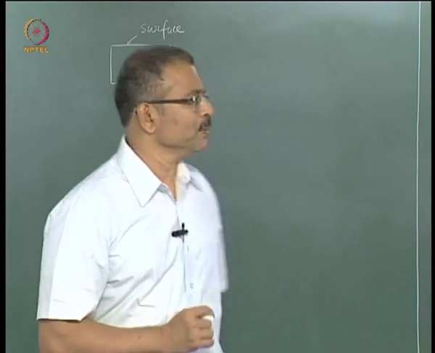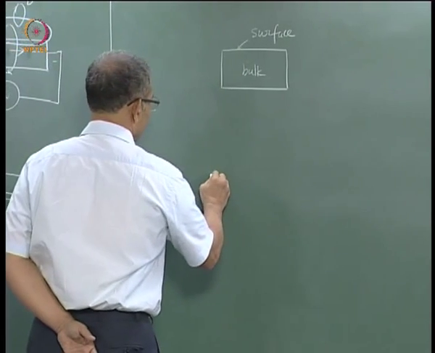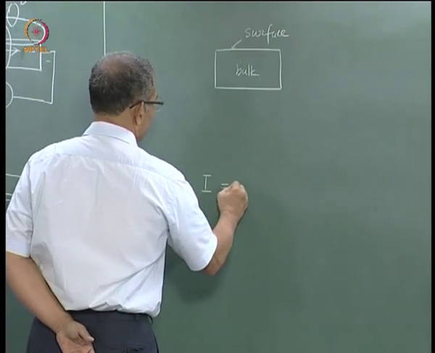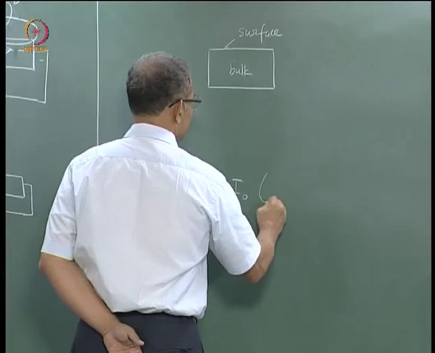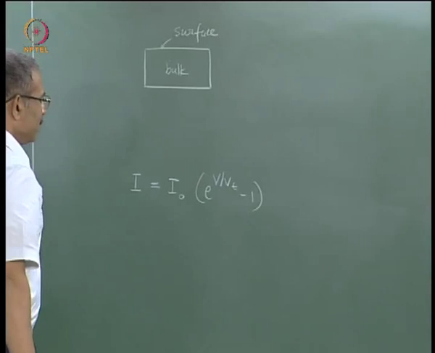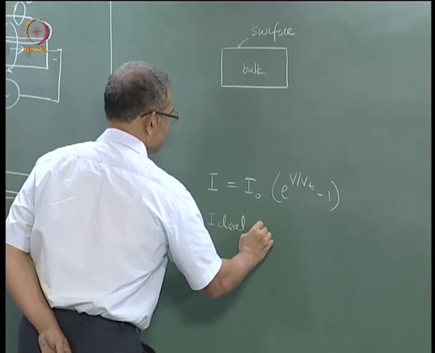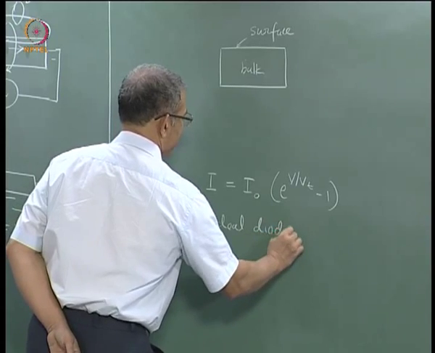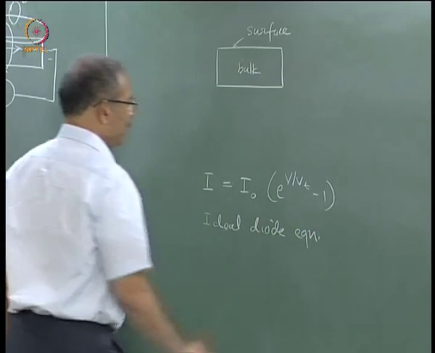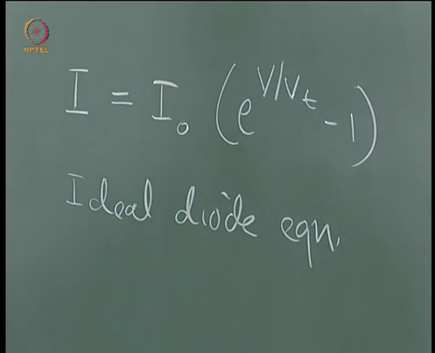For example, suppose I am considering the diode characteristics. If I use the equation I equals I naught times exponential of V by Vt minus 1, this is the ideal diode equation. Now suppose I use this model and try to predict the characteristics of a real diode.